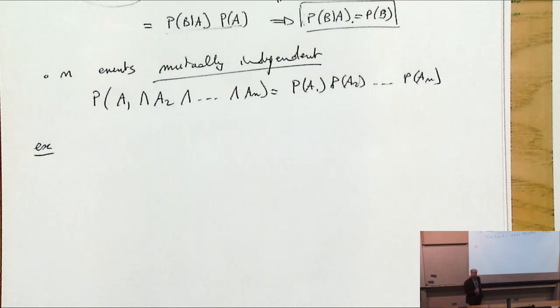Yes? Can we show mutual independence in Venn diagrams somehow? What is mutual independence in Venn diagrams? Well, I don't think you can visualize this that easily.